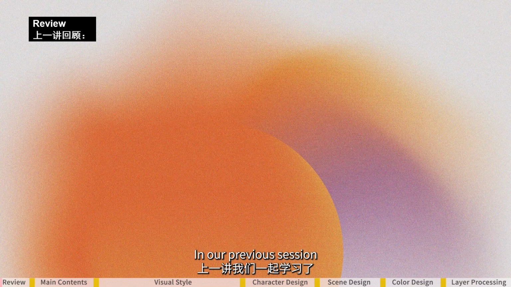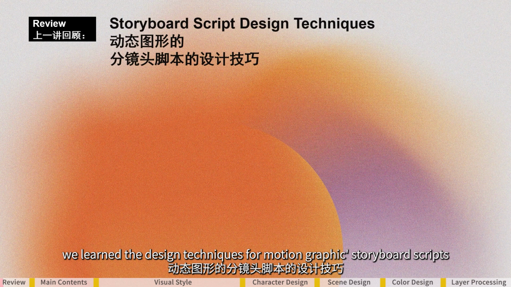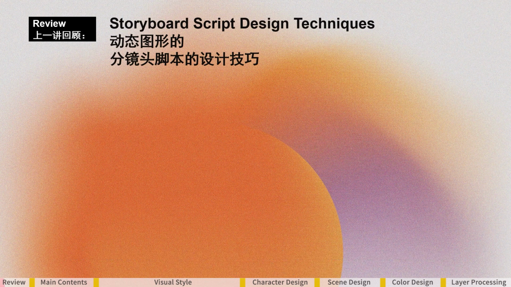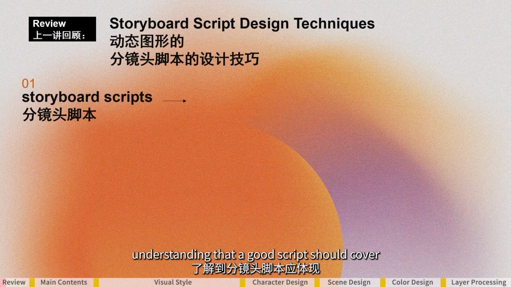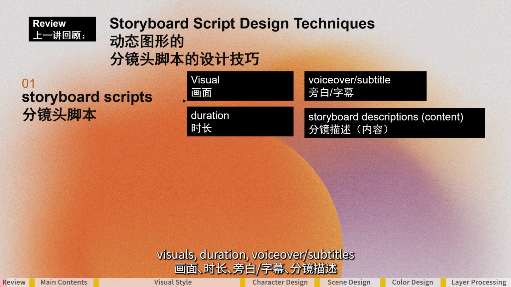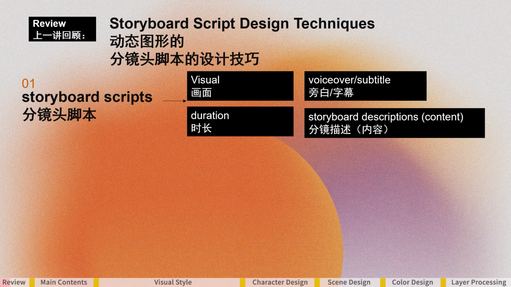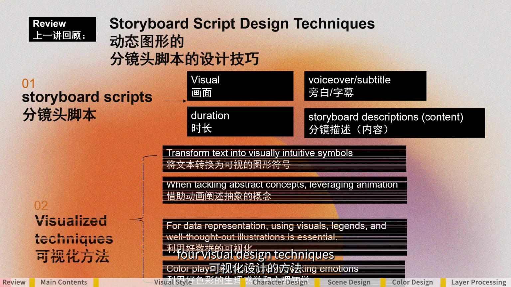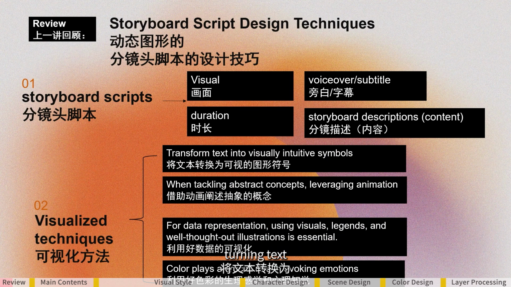In our previous session, we learned the design techniques for motion graphic storyboard scripts. A good script should cover visuals, duration, voiceover or subtitles, and storyboard descriptions. We also explored 4 visual design techniques: turning text into visual symbols, using animation for abstract concepts, blocking data visualization, and utilizing color for physiological and psychological impact.